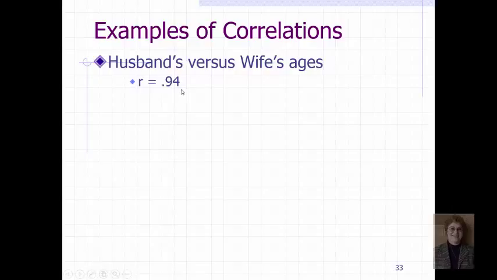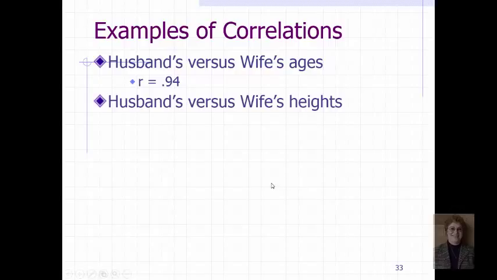Now, if I gathered a lot of data, I would think about this: if I take 0.94 squared, I get 0.8836. So I could say, because of our data, about 88% of the variability in the wife's age is due to the relationship between the husband's and wife's ages.